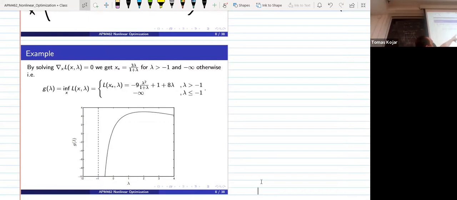My dual function is this crazy looking rational guy, and here's its plot. So can someone tell me if the dual problem has a solution? And which one is it? From your eyeballs.